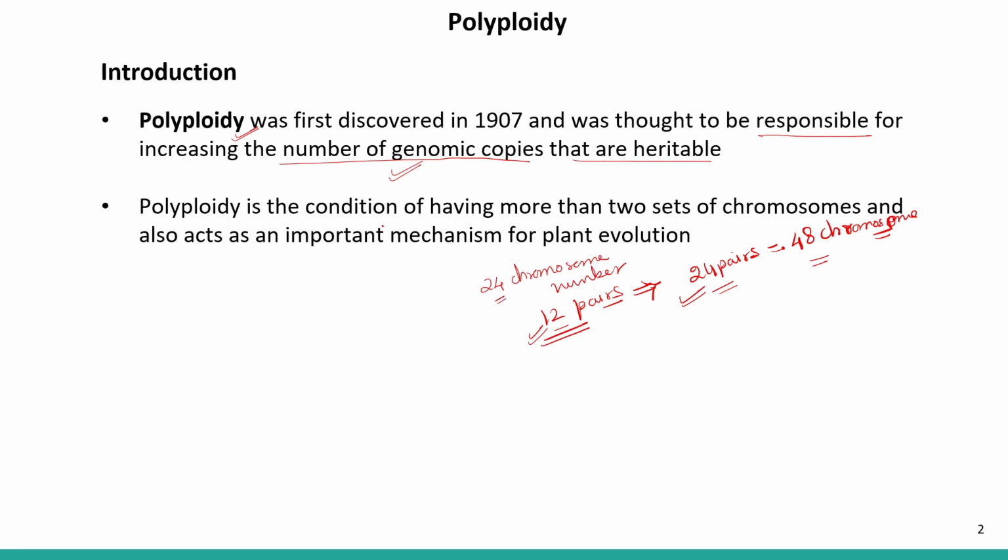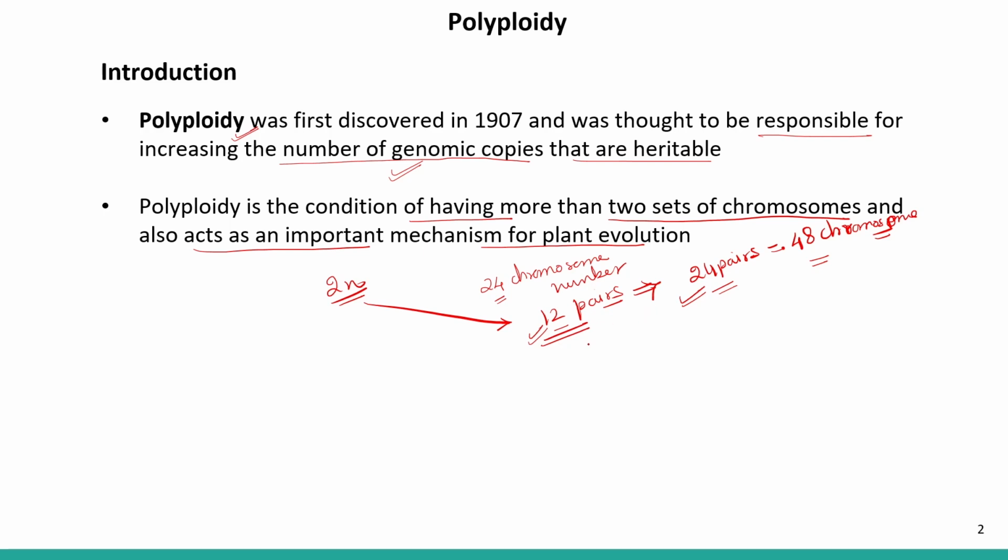So polyploidy is the condition of having more than two sets of chromosomes and also acts as an important mechanism for plant evolution. Generally the plant is diploid, that is 2n, so this was the 2n, 12 pairs. It is already diploid, right?